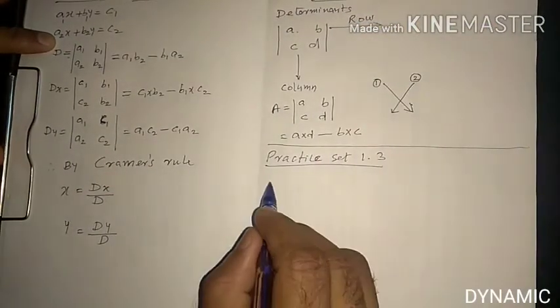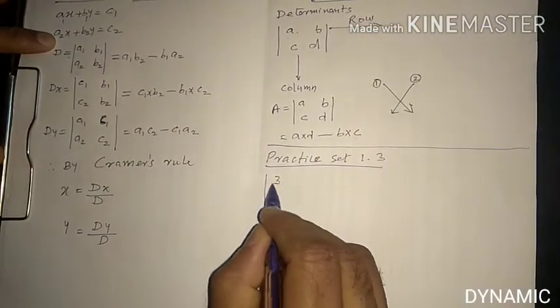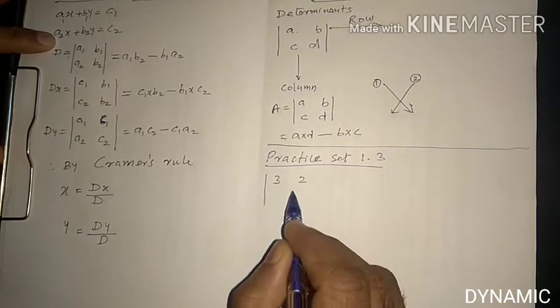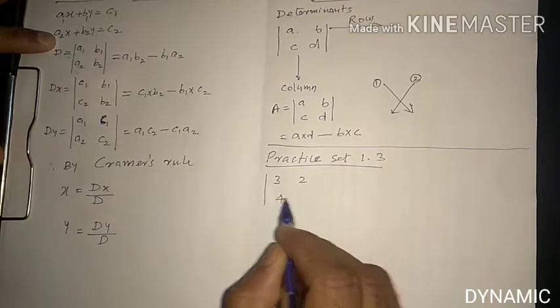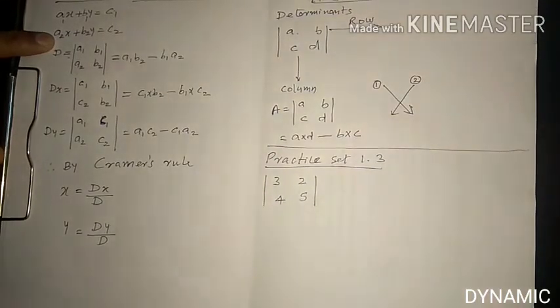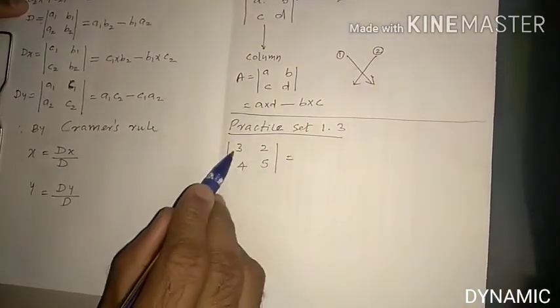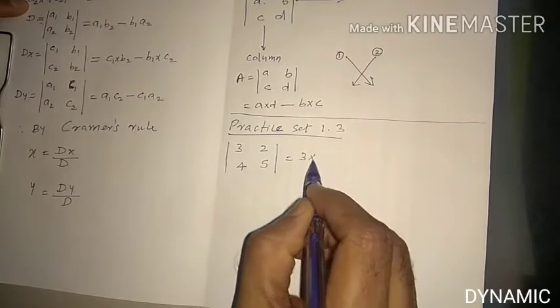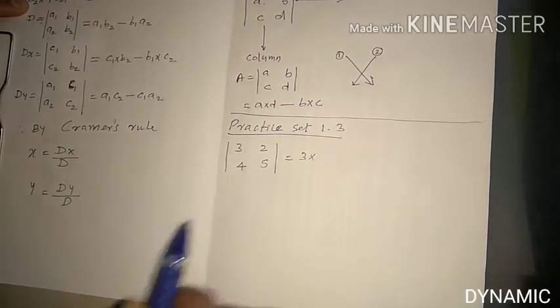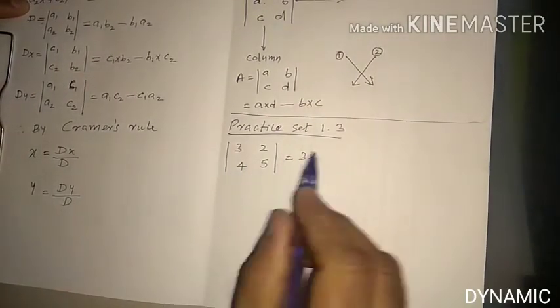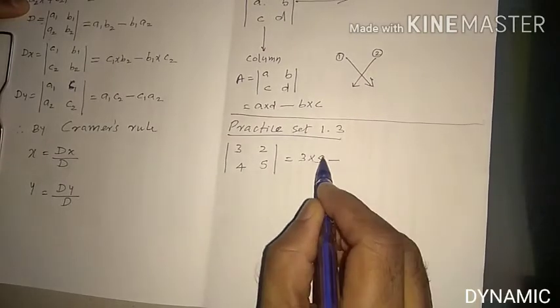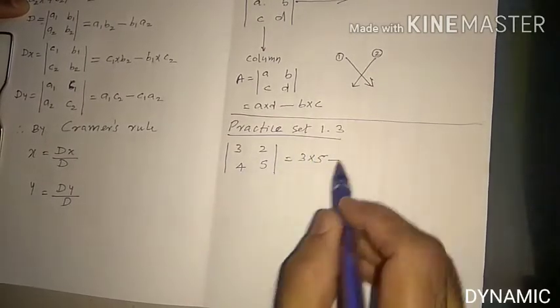The first question is: first row 3, 2, second row is 4, 5. This expansion is 3 into 5. Please carefully see, it's very simple. 3 into 5 minus 2 into 4.